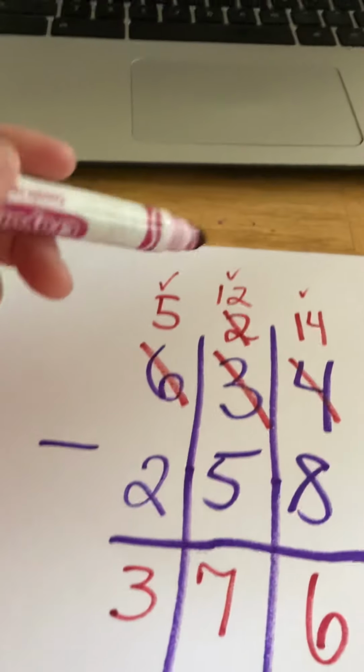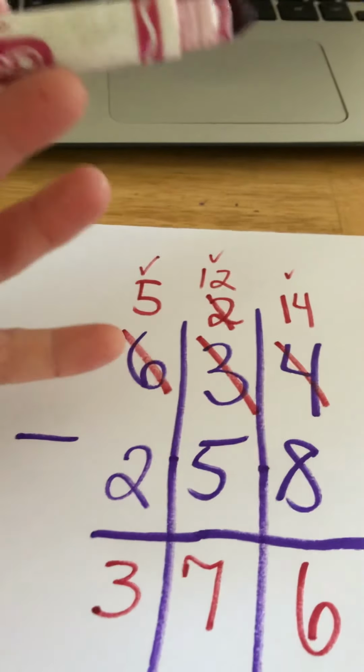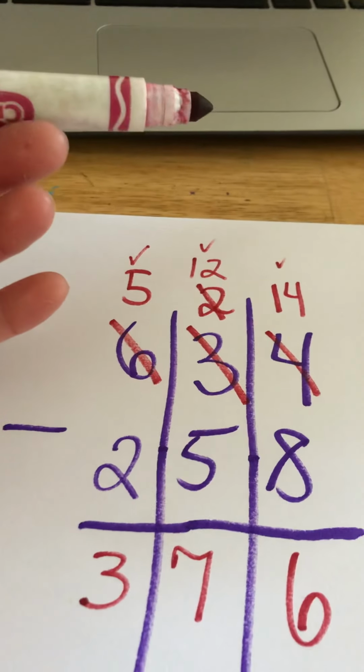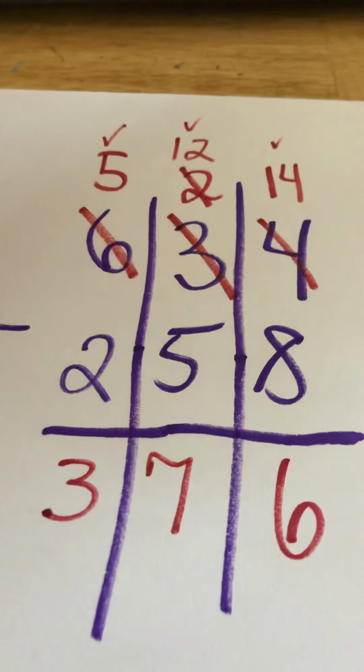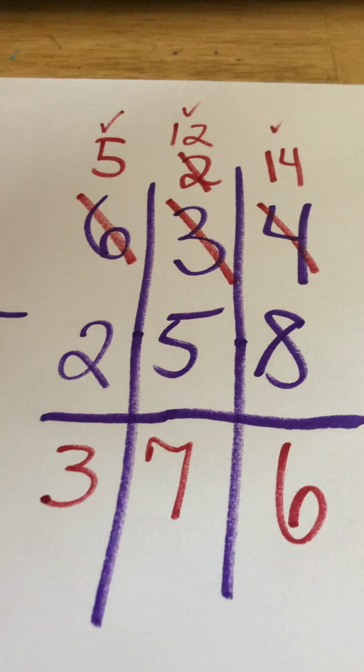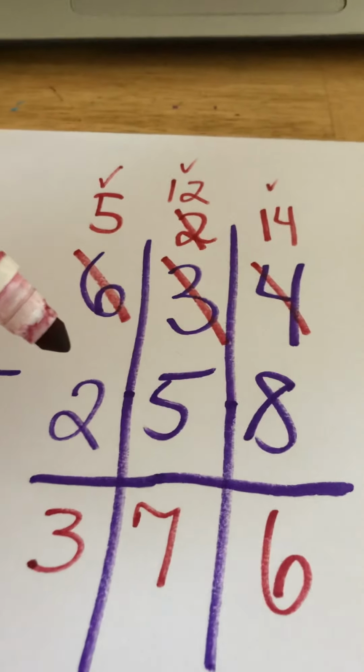It gets a little bit confusing for kids because you're taking 1 and adding 10, but that's always going to be the case. And I'm going to tell you a little secret that I don't want you to tell your third grade teachers. It's always the case no matter how big the number gets. So if you can do this 3-digit subtraction, you can do subtraction that is super big.